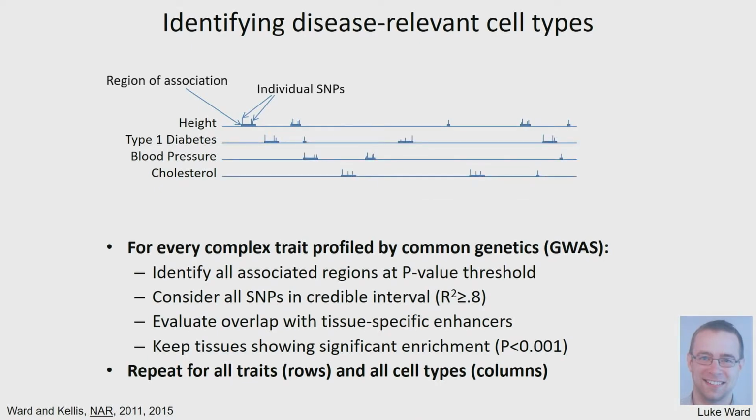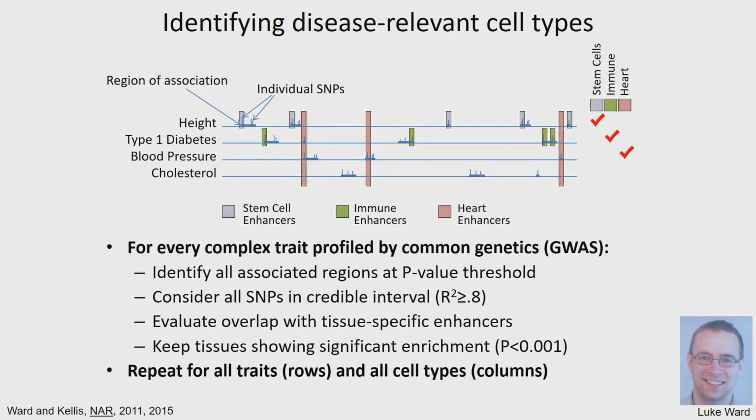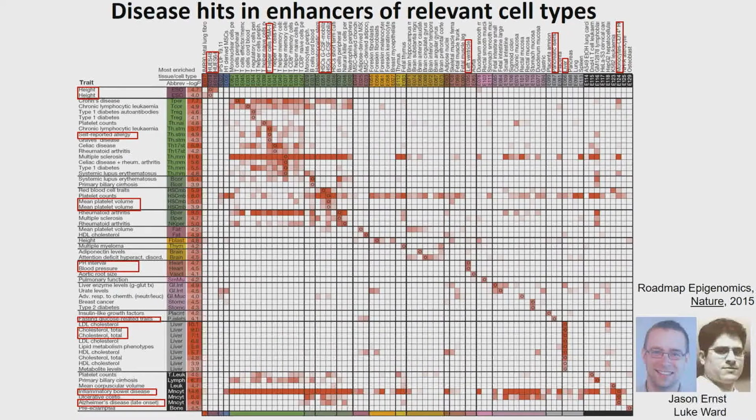In the last iteration, we've done this for 927 different traits. And what we do is ask, are these genetic variants systematically localizing in regulatory control regions that are active in specific tissues? When that's the case, we can then predict systematically where these diseases are acting. And in many cases, they point to exactly the tissue we would expect.